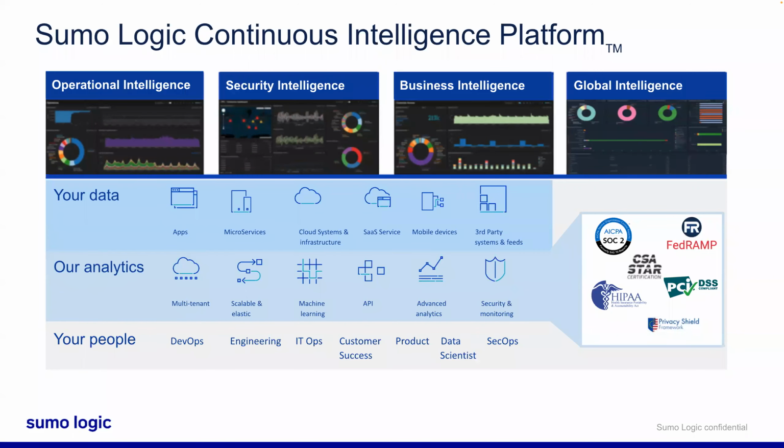On the far right, I'm showing some of our certifications and attestations: HIPAA, PCI, FedRAMP, et cetera. We're very proud of them, and you or somebody in your organization probably cares that we are certified. And at the very bottom, who can benefit from Sumo? Everybody in your organization, regardless of whether they're in DevOps or engineering.